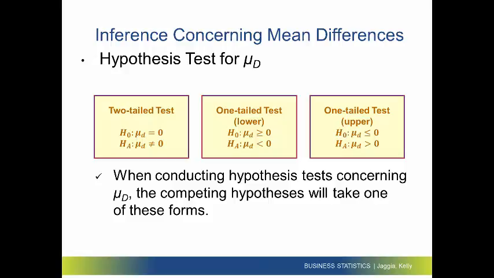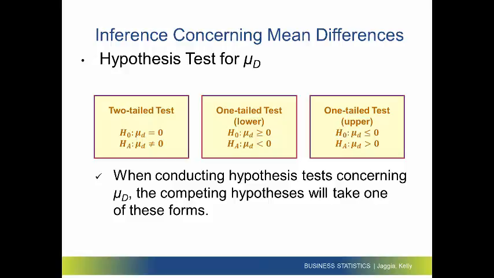Alternatively, if we are conducting a directional test, the hypotheses differ to this. For the one-tail test, that is a lower tail test, the hypotheses are H0: μd is greater than or equal to 0 and HA: μd is less than 0. Lastly, for an upper tail one-tail test, the null hypothesis is μd is less than or equal to 0 and for HA, μd is greater than 0.